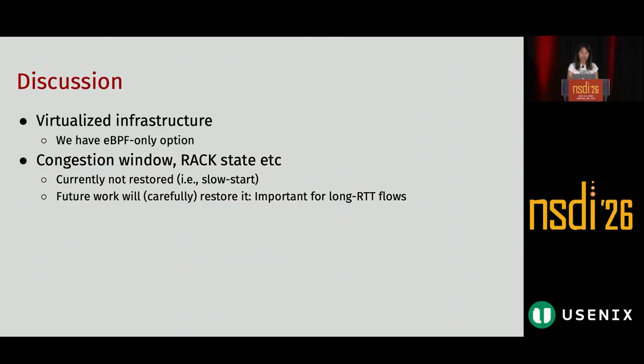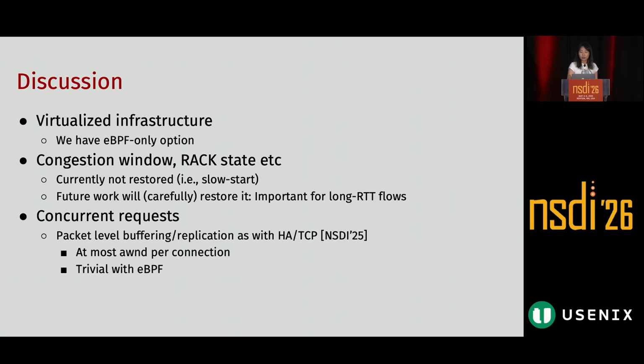As a result, migrated connections perform slow start. This also means that we reported a conservative estimate of XO performance. In future work, we'll add these parameters into the migration.